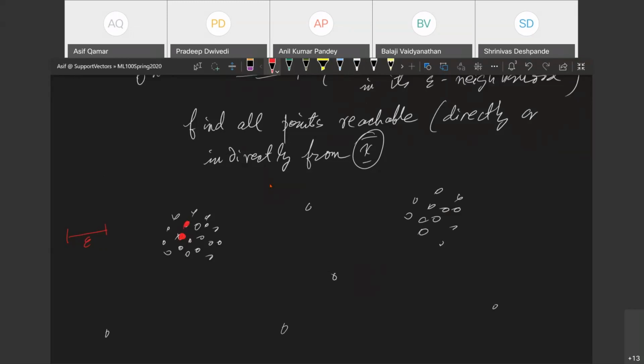You'll end up coloring these guys red. Isn't it, guys? Now from those points, again, more points are reachable. And gradually, all the points that are reachable will end up becoming like this. Are we together? Right. So find all the points reachable from X.